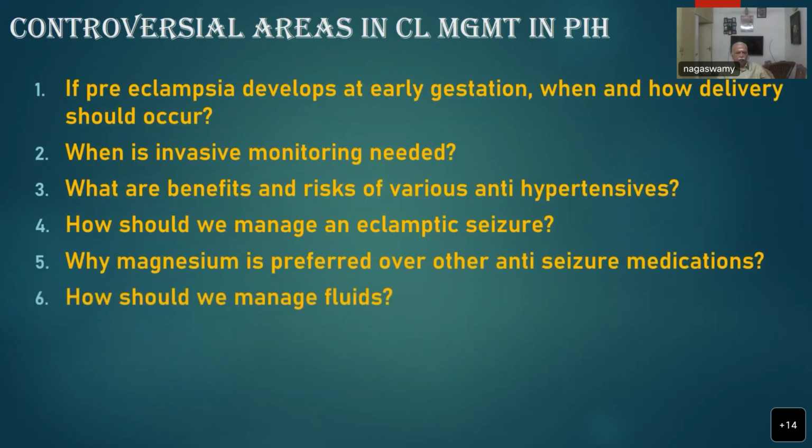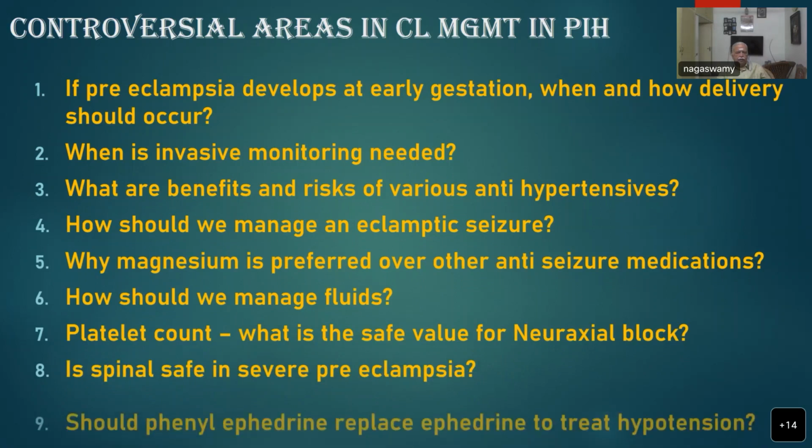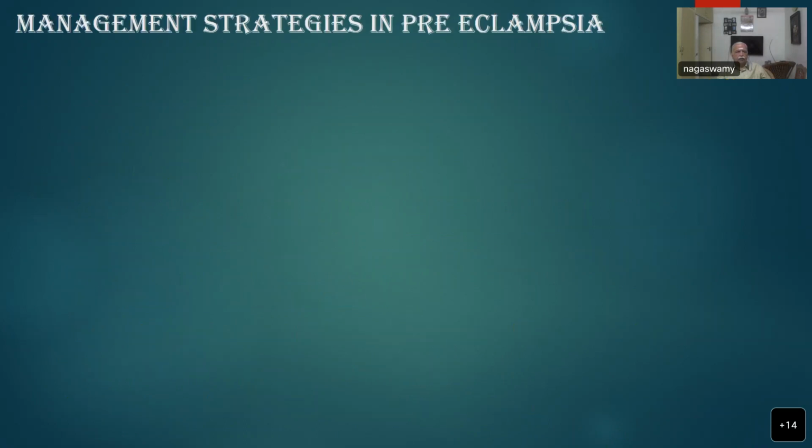How should we manage fluids? Platelet count, what is the safe value for neuraxial block? Is spinal safe in severe preeclampsia? Should phenylephrine replace ephedrine to treat hypotension? So these are all the areas which we have to find the answer.